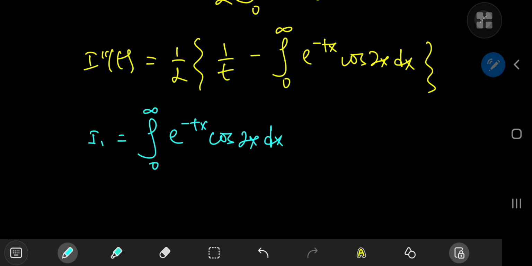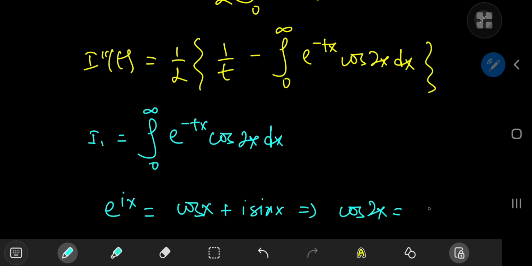And now to invoke Euler's wonderful formula, which states that e to the ix equals the cosine of x plus i times the sine of x. And this implies that the cosine of 2x equals the real part of e to the 2ix, right? And the nice thing here is that if we replace the x by a negative x, then because the cosine is an even function, the negative sign doesn't matter here.